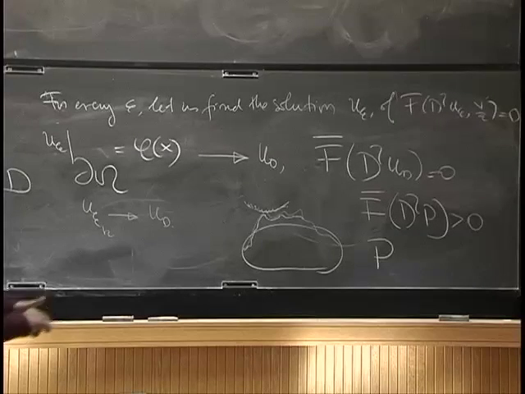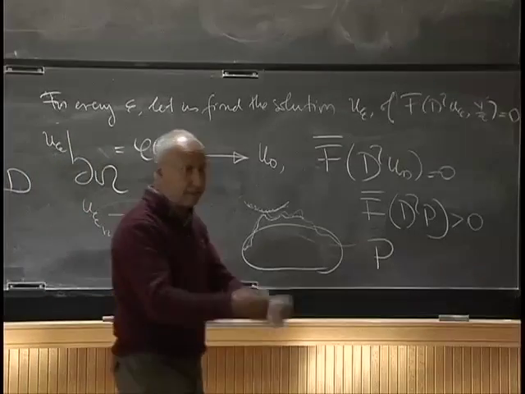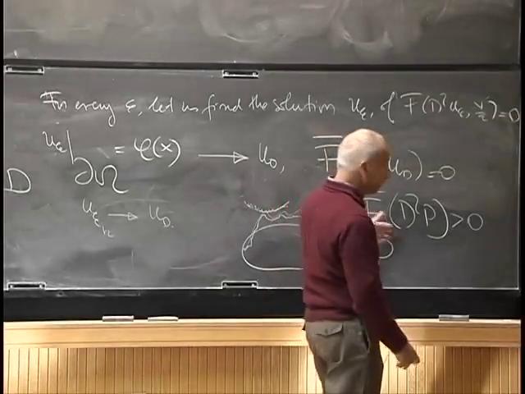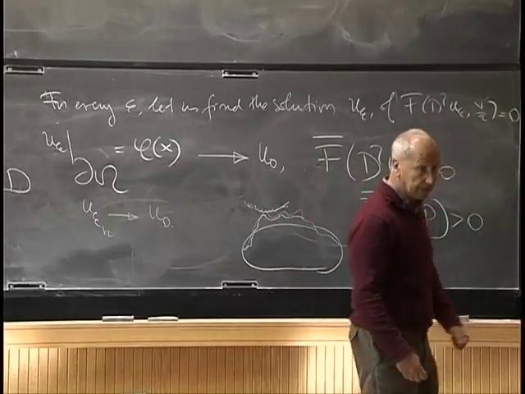If I give you the long list of all the P's which are super or sub-solutions, I am describing for you the equation f bar of d square of u. Okay?